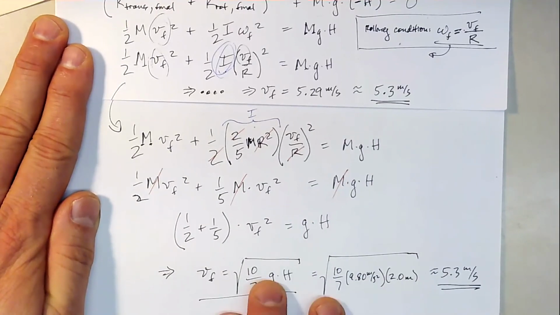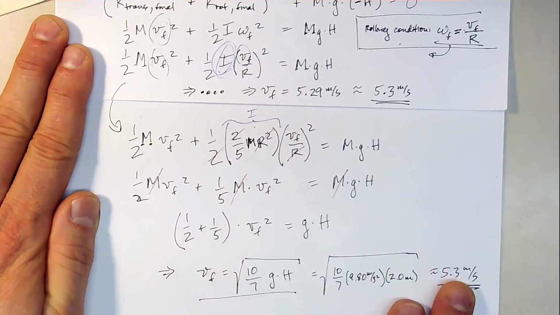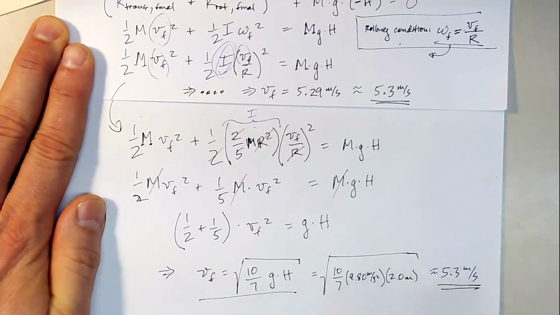And sometimes it gives a beautifully general result, because notice this answer would be the same for any solid sphere that has rolled down a hill of any slope through a height difference of 2 meters, starting from rest.